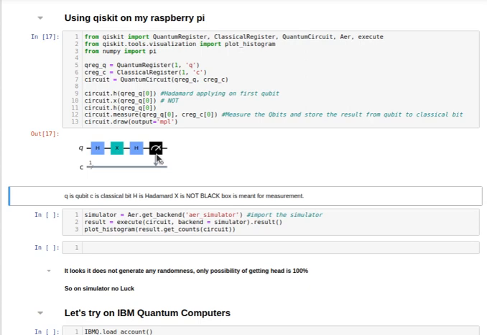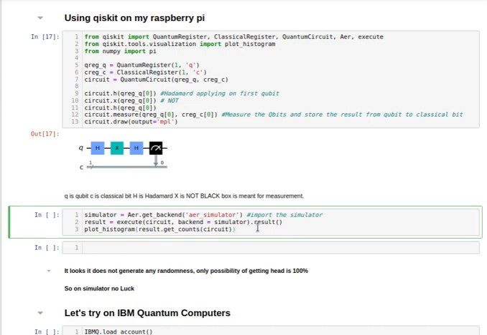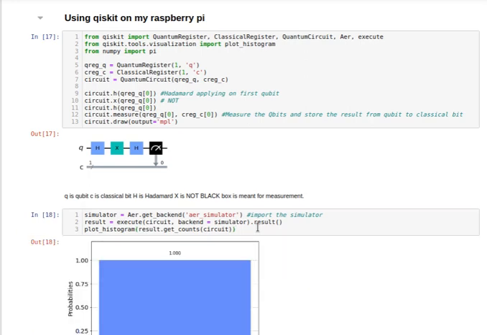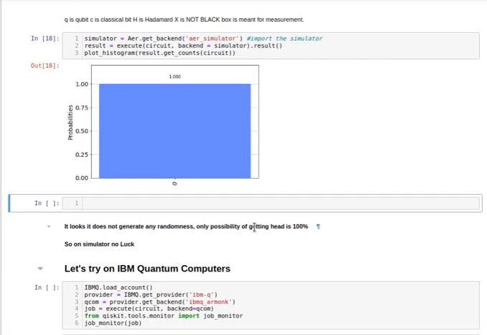This is where you measure the qubit and store the result from the qubit to a classical bit. So let's run this code on the simulator, which is here on my Raspberry Pi. Alright, so we get that it does not generate any randomness; the probability of getting a head is 100% here. So on a simulator there is no luck.